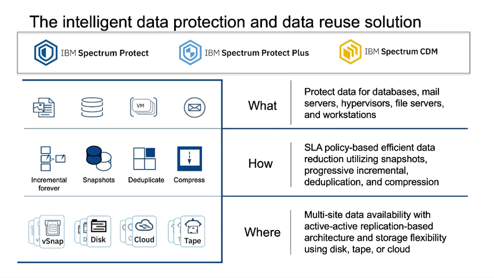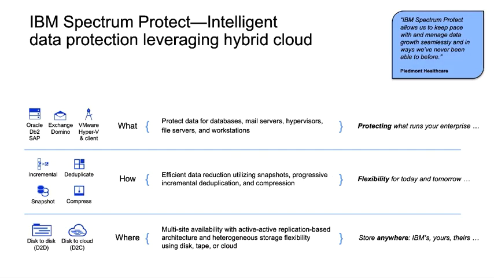Spectrum CDM can be used to provide snapshot operations for Spectrum Protect. Over time, Spectrum Copy Data Management, block storage support, and workflow management is being introduced into Spectrum Protect Plus. Some of the features and functions of Spectrum Protect are duplicated in Spectrum Protect Plus. Typically, this is virtual machine data protection and some application protection.